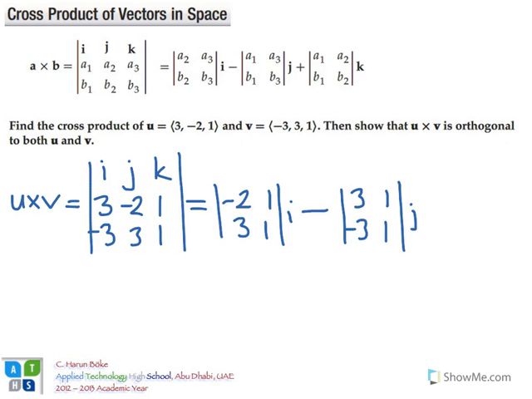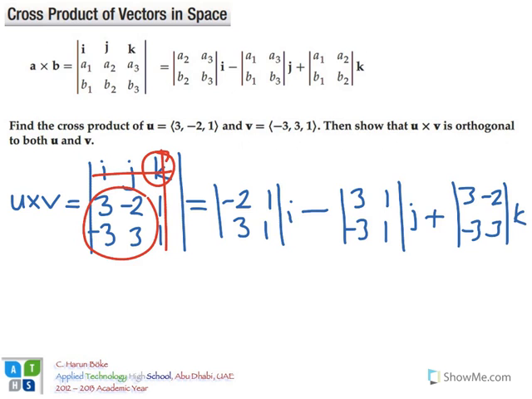Next, plus, I will have the determinant with 3, minus 2, minus 3, 3, times K. How did I get that? I cancel the first row and third column. This is the intersection I write there, and this is the 2 by 2 determinant. Now let's calculate.